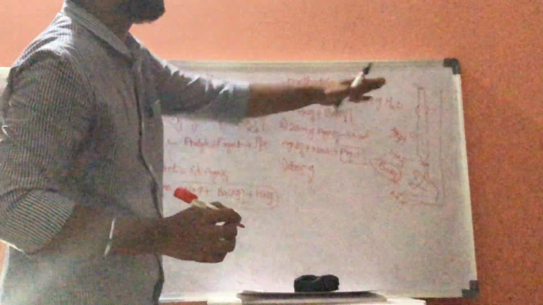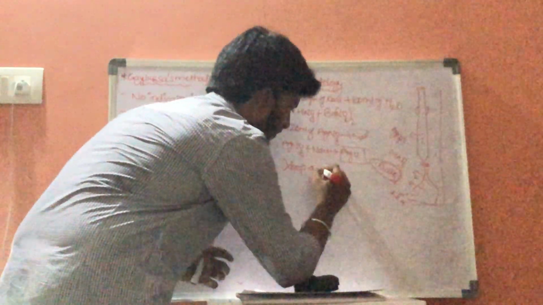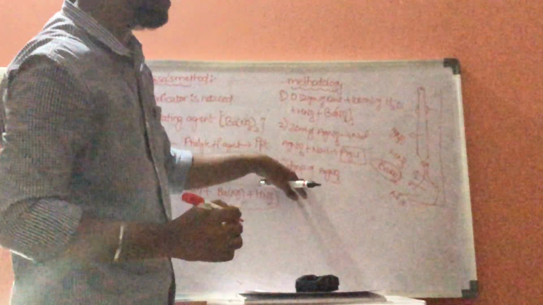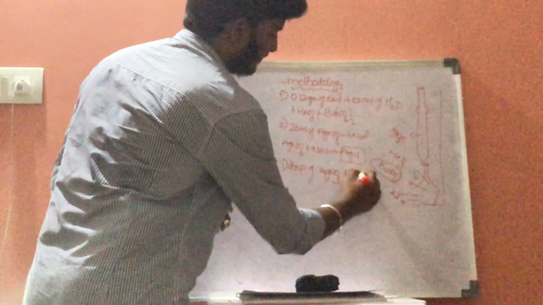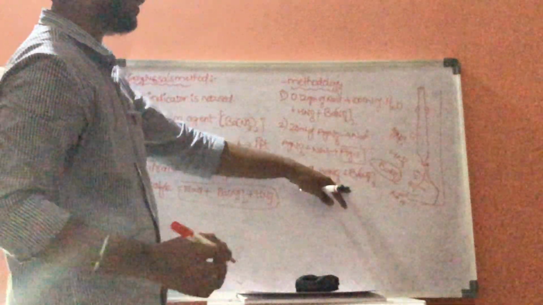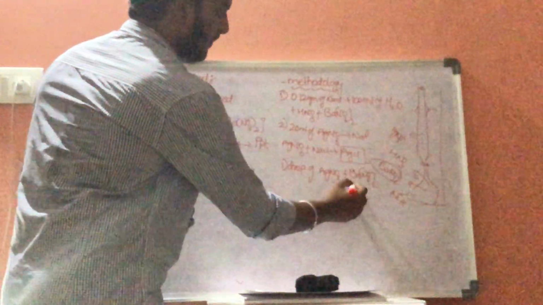In the first method we added 1 ml. Now in the second method we should add 1 drop of silver nitrate. This 1 drop will react with barium nitrate, which is a coagulating substance, and form a precipitate.